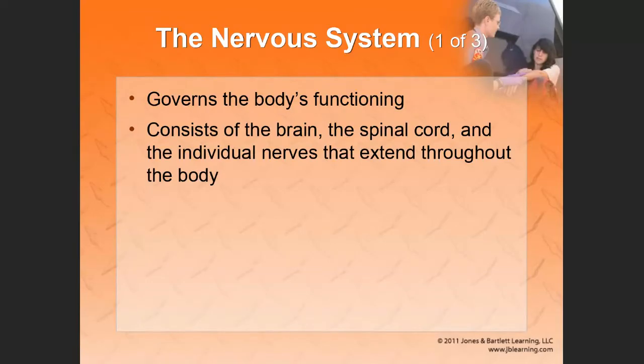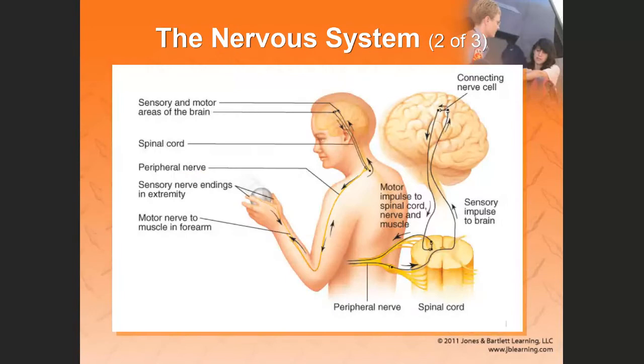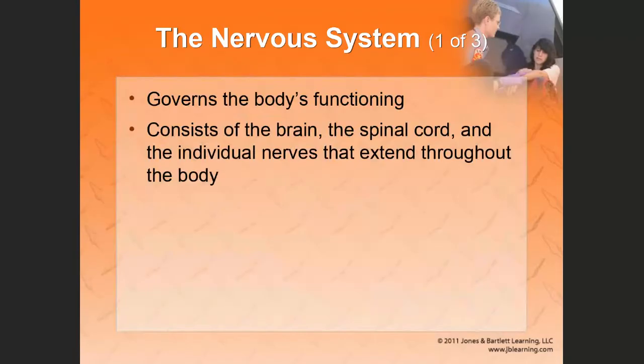So you have the central nervous system, which is the brain and the spinal cord. And then you have the peripheral nervous system, which is the cranial nerves and the spinal nerves. Now, the purpose of the brain is the central control unit, and the spinal cord is the link between the brain and the rest of the body.